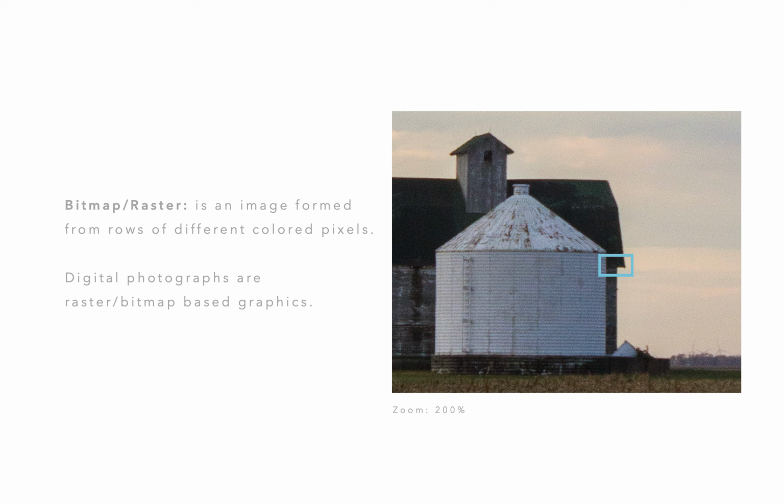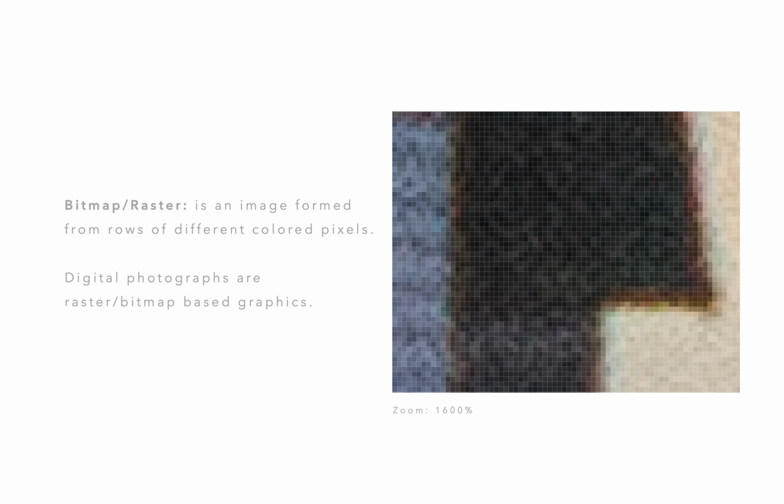If we zoom in on this little section of this digital photograph, you will see that it's comprised of this array, this matrix of colored squares. This is one of two different types of graphic systems. The other one is vector-based. We're not talking about that today, but bitmap and raster is what we're mainly focused on with the images we're going to be creating today.